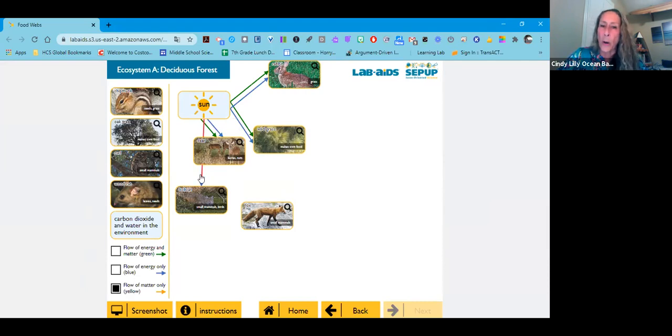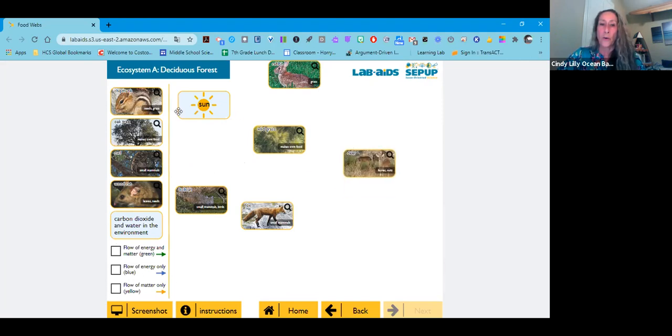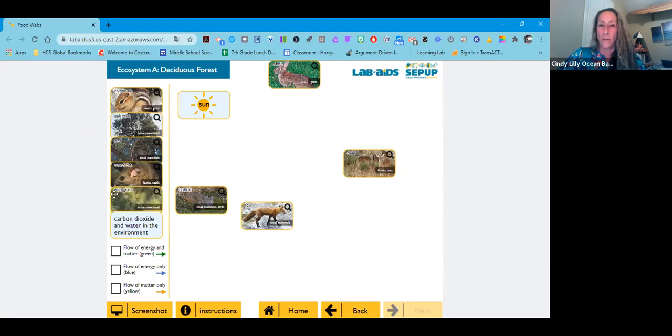If you decide you don't want an arrow there, if you just hover over it, do you see where it goes red? You can click that arrow off of that actual activity or interaction. And so if you completely click off of it, you can also bring organisms off of the chart.